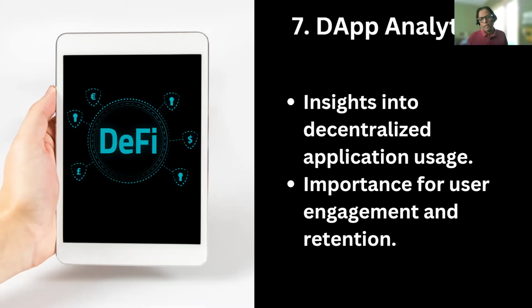And then the decentralized application analytics. Make sure that whatever product you are purchasing for your Web3 analytics has the capacity to analyze your decentralized application. Your decentralized application could be a regular website, or it could be a mobile application. So make sure that you can track the data from the website and also from your mobile application, or however you are creating your decentralized application.